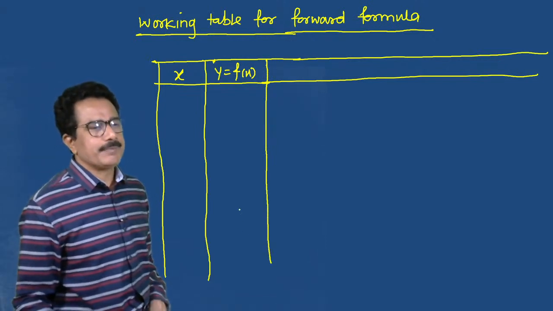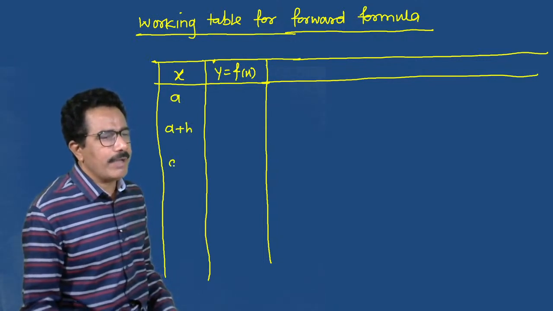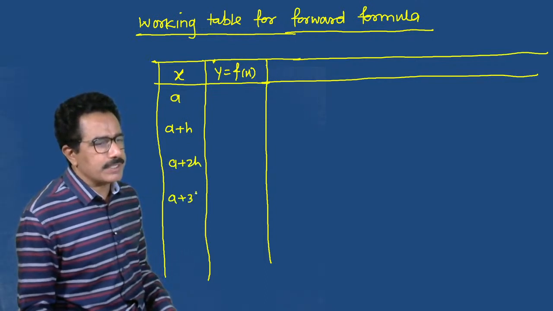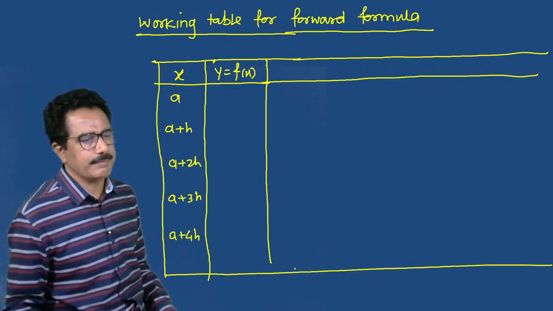Now see here, the first value is suppose a, the second value is a plus h, the third value is a plus 2h, the fourth value is a plus 3h, and the fifth value is a plus 4h. I shall close this table here.